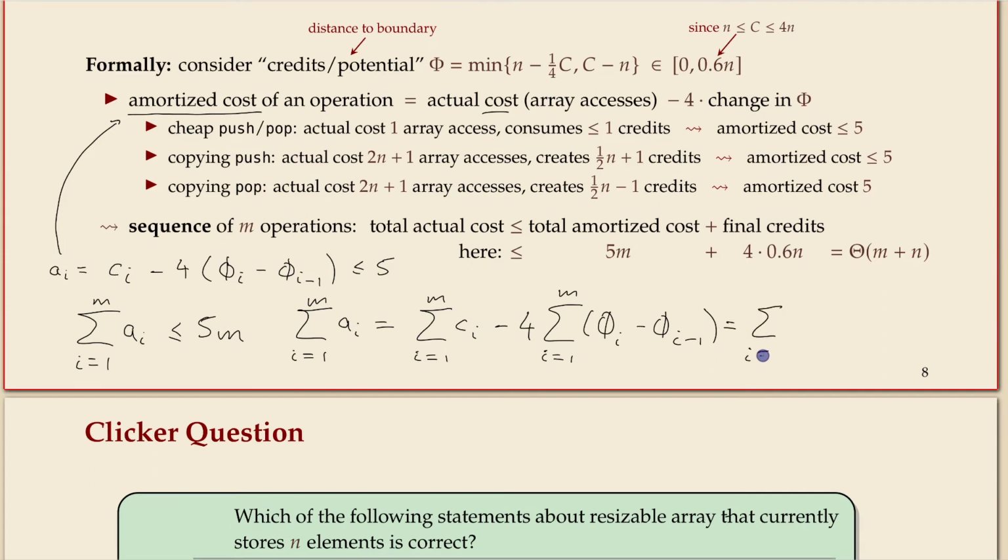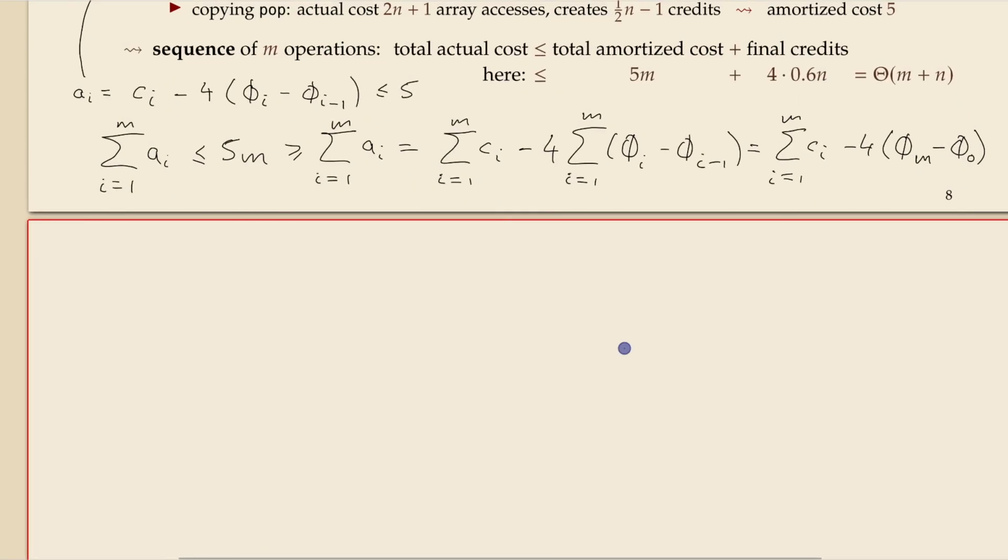So we end up with the actual cost, the sum of the c_i, and what's left is the last, and we subtract the first. And so we get an inequality like this. Need a bit more space. And so we can rearrange this. This is what we're really interested in.